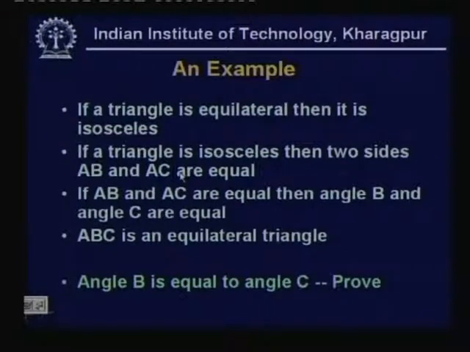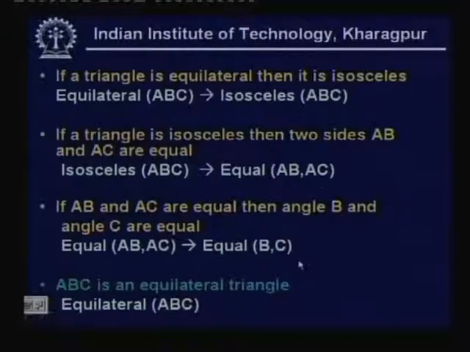That is a definition. If AB and AC are equal, then the base angles, the angles B and C, are equal. That is something we know. ABC is an equilateral triangle, and suppose you are asked to prove angle B is equal to angle C. Can you prove it?